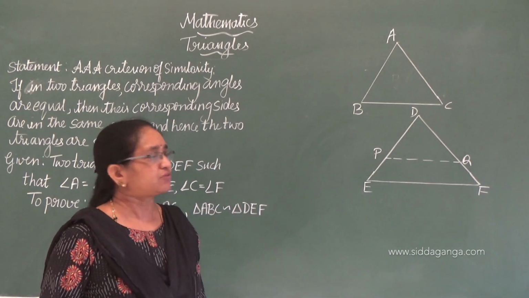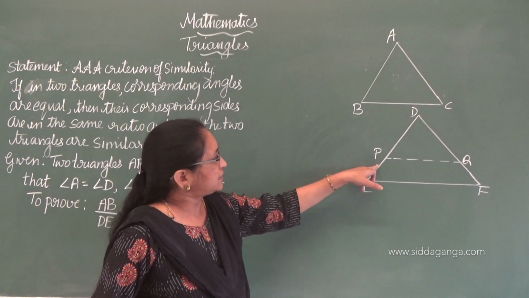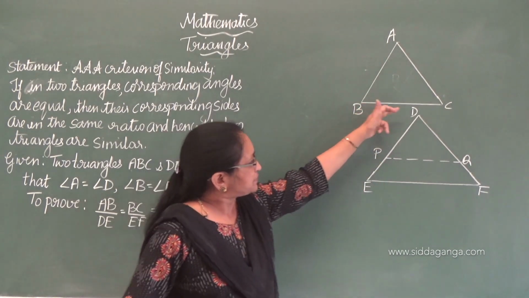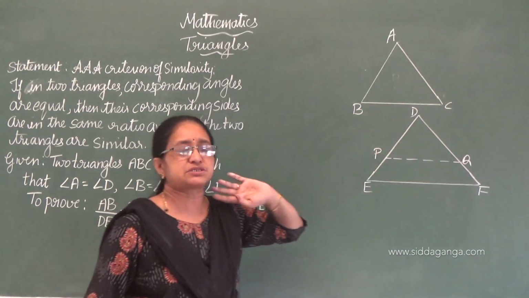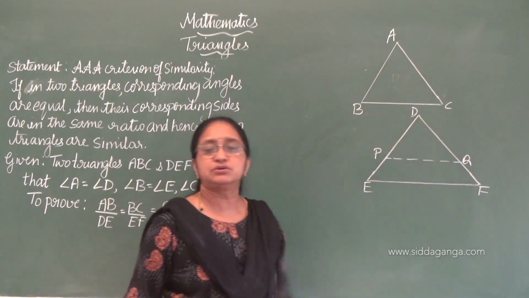Okay, please listen carefully. Construction, I am going to cut DE at P and DF at Q such that AB is equal to DP and AC is equal to DQ.